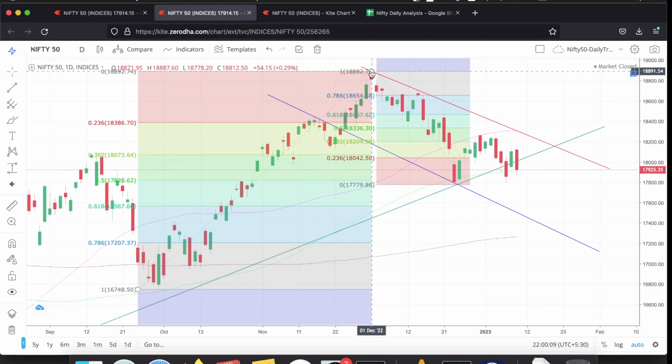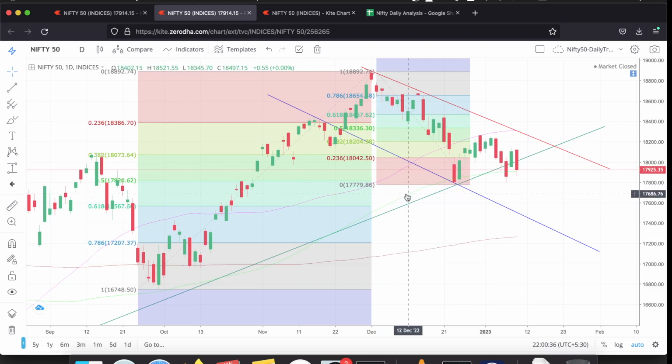So right now the price is testing this 50% retracement level, which was tested in December also. It can also be observed that the 61%, which is another key level, is at 17,560. So as I mentioned, between 17,800 to 17,650 is a support zone.